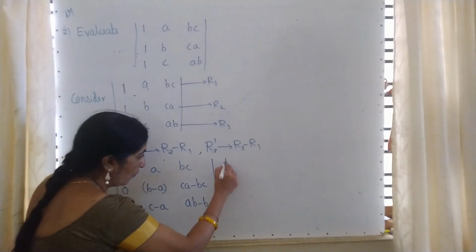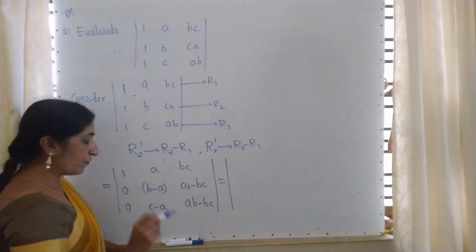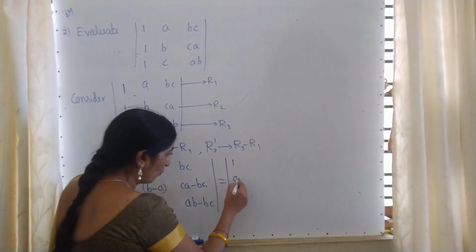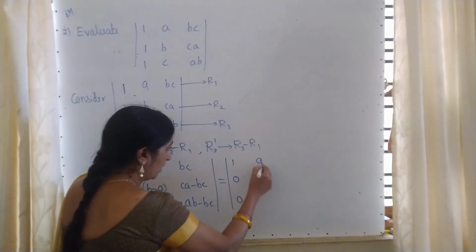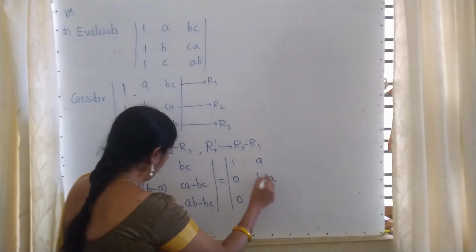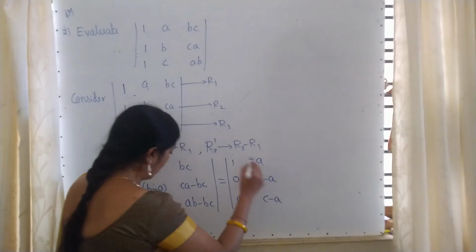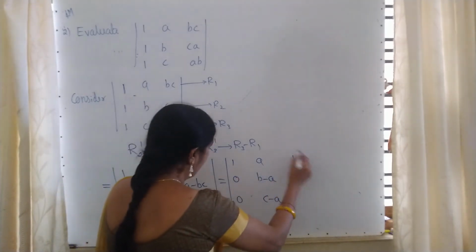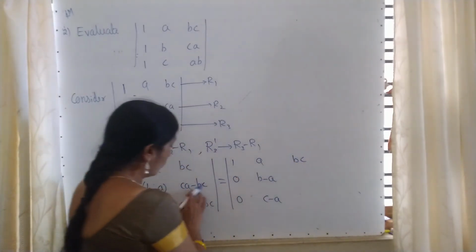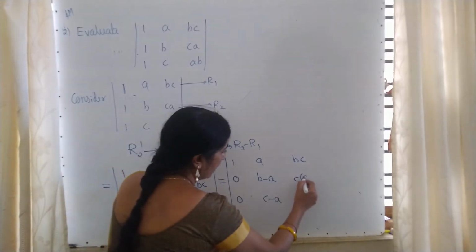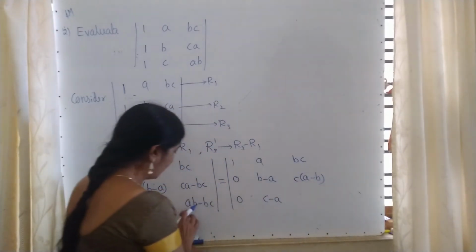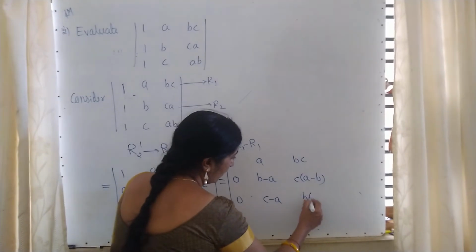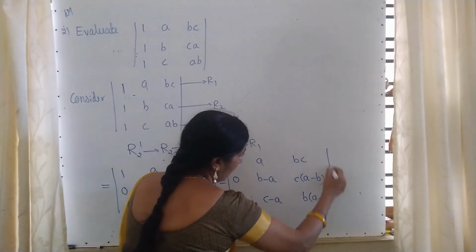Understood? Now for your convenience, I am writing one more step here. A, B minus A. This is C minus A. BC. Here what is common? C common in the bracket A minus B and B common in the bracket A minus C.